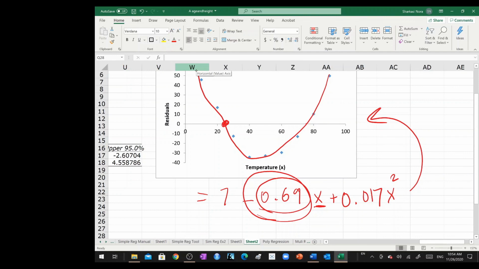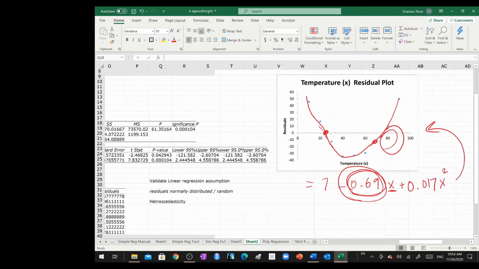When you are at this point, it seems like a 1 unit increase in x is actually yielding a decrease in y. However, over here, if you're over here, a 1 unit increase in x is actually an increase in y. The decrease here is by a certain value, the increase here is by another value.